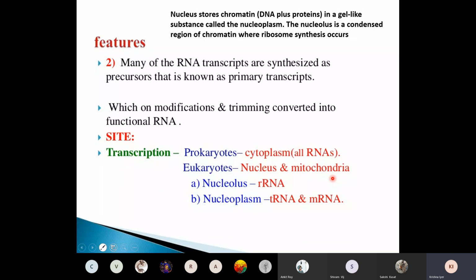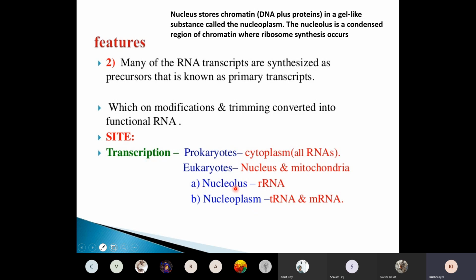It doesn't occur in the cytoplasm. Further, within the nucleus, the production of ribosomal RNA occurs in the nucleolus, while the production of tRNA and mRNA, which are transfer RNA and messenger RNA, occurs in the nucleoplasm.